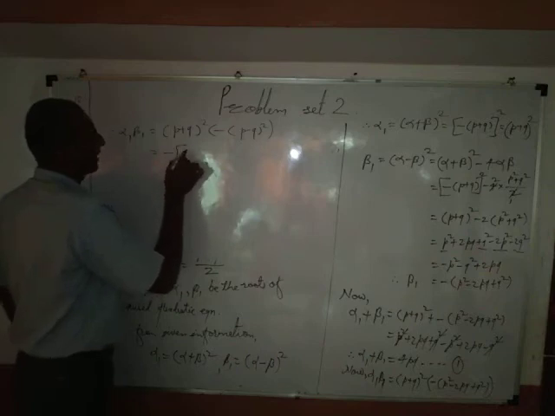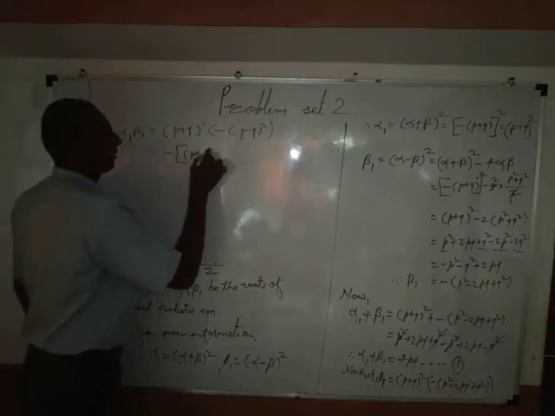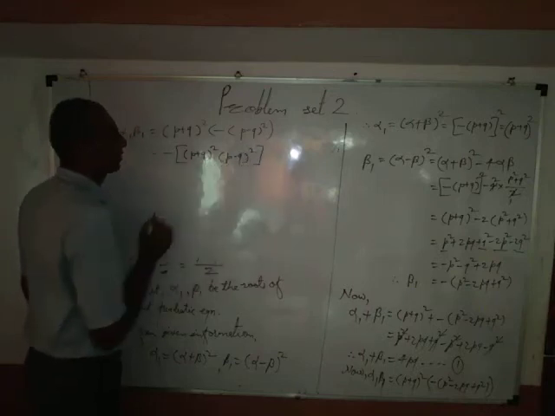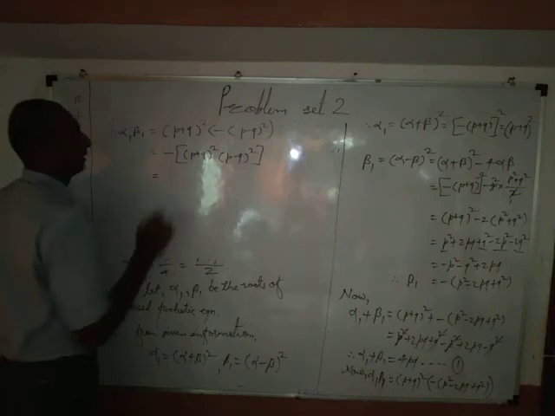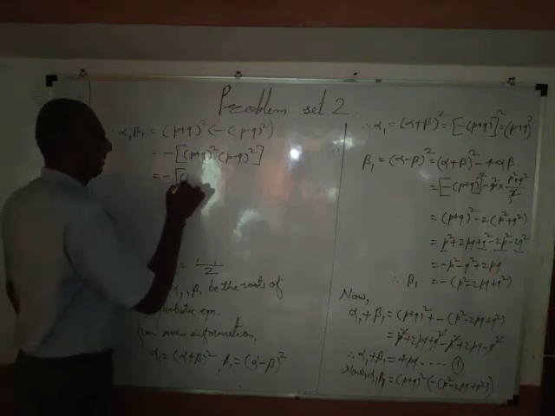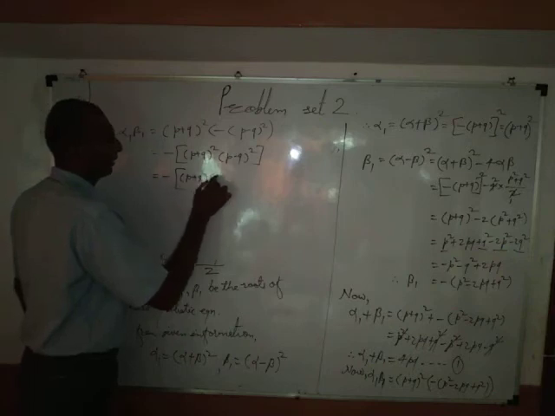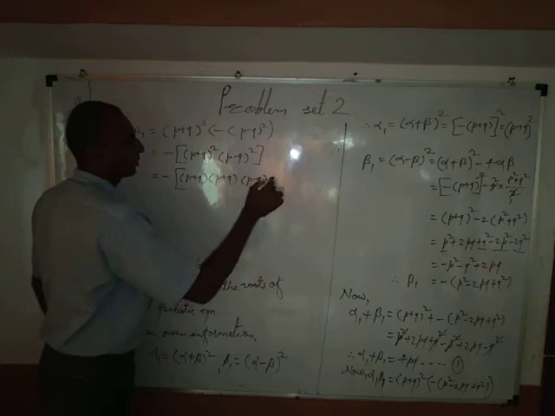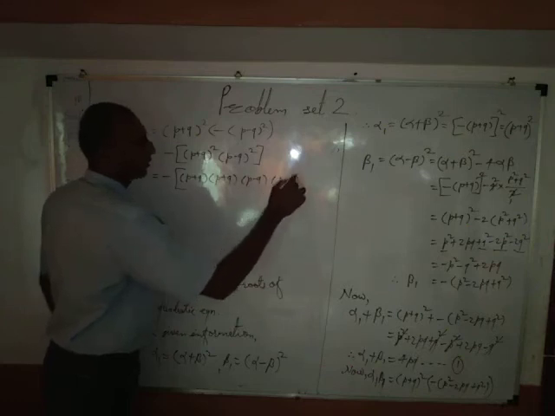In box we can write (p plus q) its square into (p minus q) its square, box closed. Then it will be like this, minus in bracket (p plus q) into (p plus q) into (p minus q) into (p minus q).